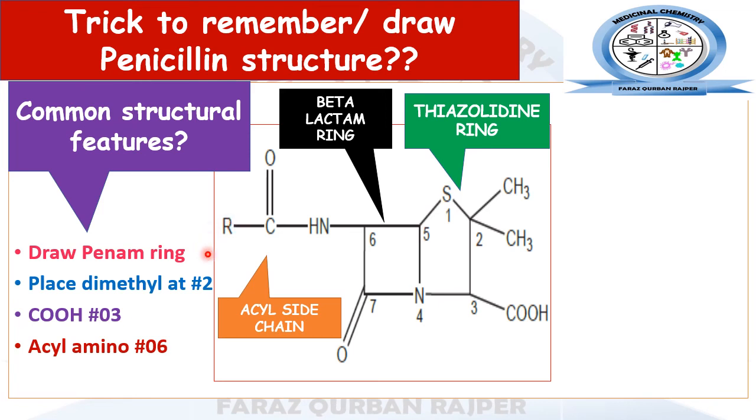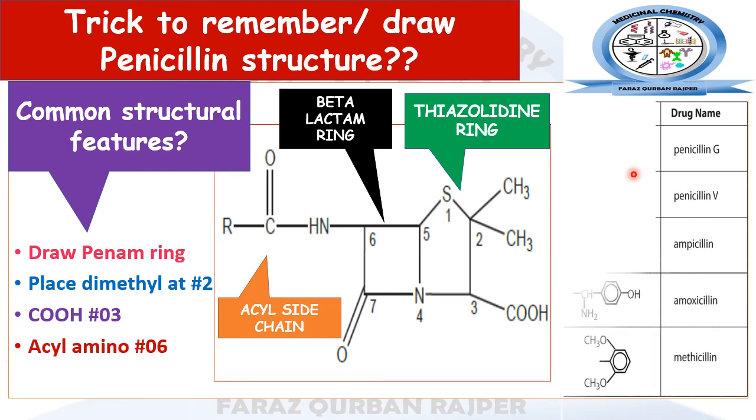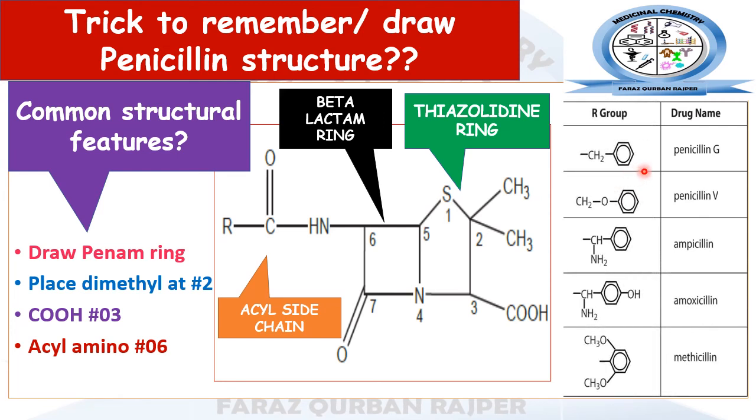So first of all, you have to draw this entire basic ring skeleton, and you have to substitute this R according to your desired penicillin. If you are going to draw the chemical structure of penicillin G, you have to replace this R with this benzyl group. Clear?